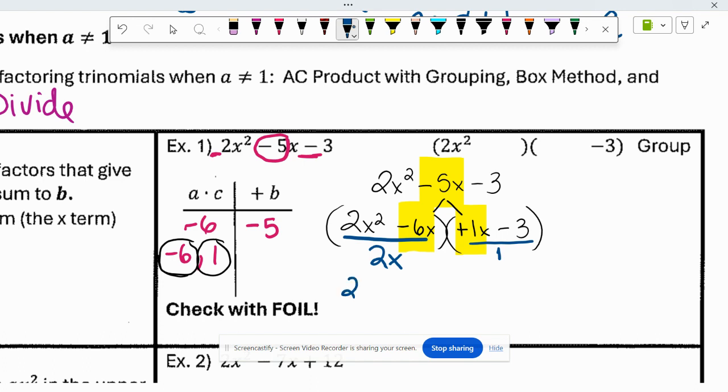So when I take my 2x out, 2x squared divided by 2x is x. -6x divided by 2x is -3. Plus 1. And 1x divided by 1 is just x. And -3 divided by 1 is -3.